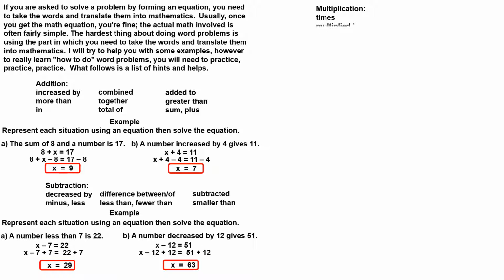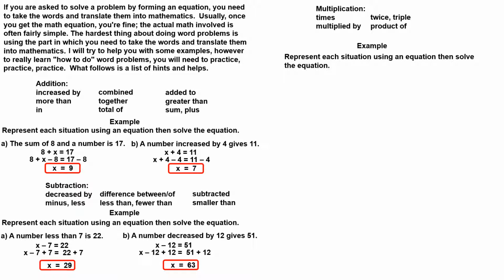Multiplication: times, multiplied by, twice, triple, product of. Example. 68 is twice a number.